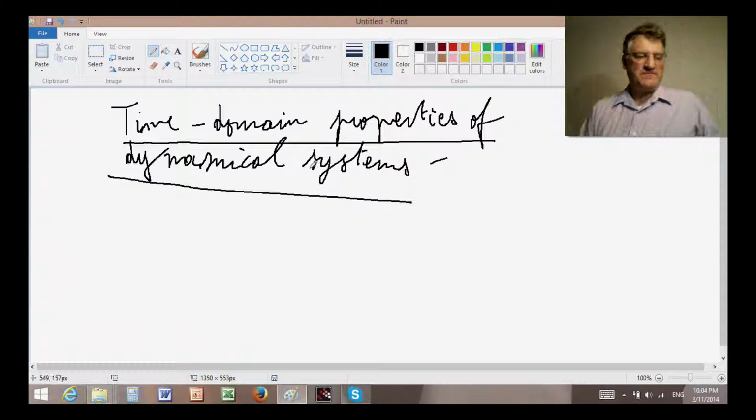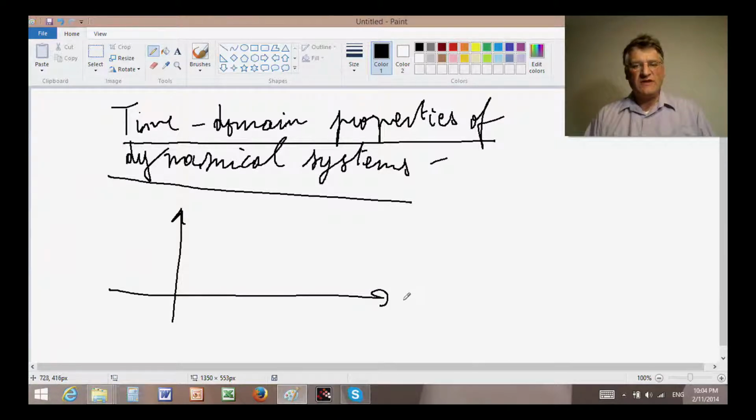So what do we mean? Well, we mean that any of the dynamical systems that we're looking at has a behavior, meaning that its output follows a certain trajectory for a given input.